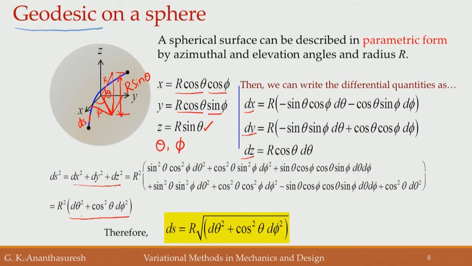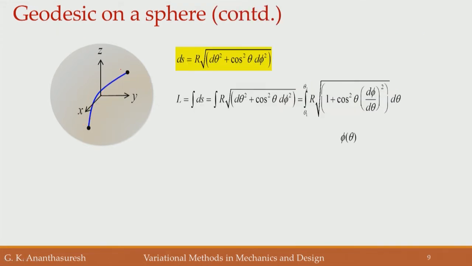The ds that we have here is ds square, so ds will be the square root of that. Why do you need this? Because we are interested in finding a geodesic, that is a curve of least distance. So, we take this expression that we have for ds and then integrate it to get the total length of any curve on the spherical surface.